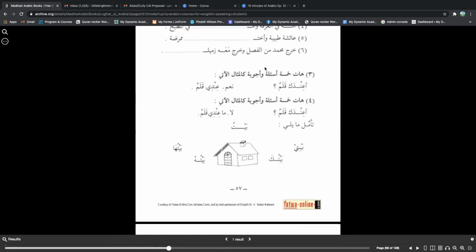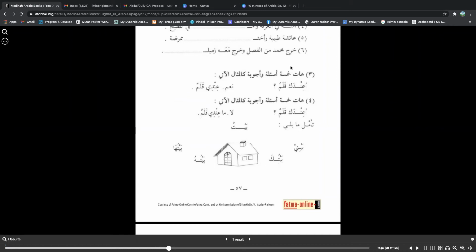خرج محمد من الفصل وخرج معه زميله. Because we're referring back to Muhammad, who is a man, and with him is his colleague or classmate. Usually somebody in the class with you or one of your work buddies. Your colleague at work would be a zamil.